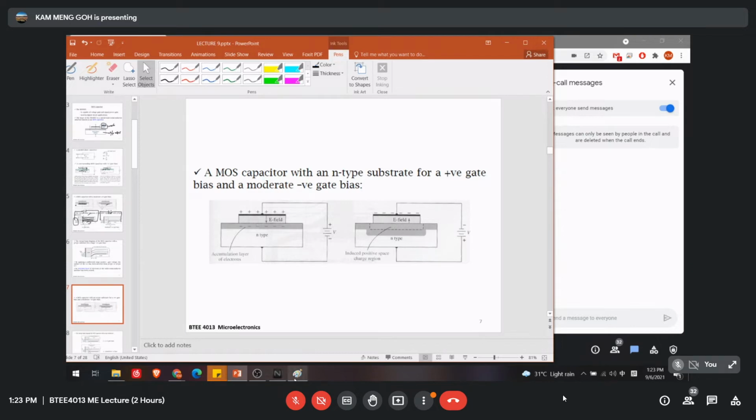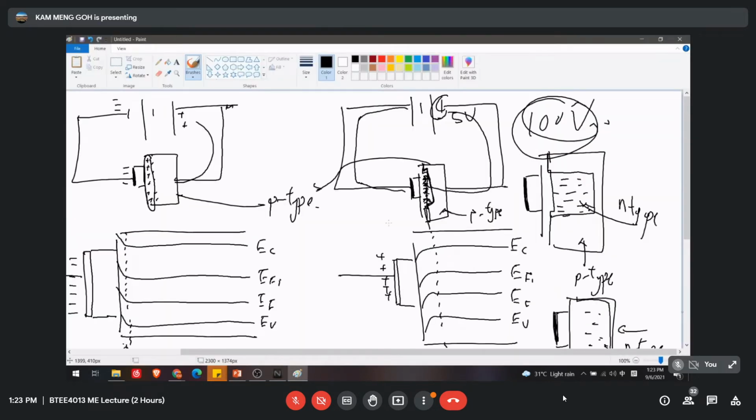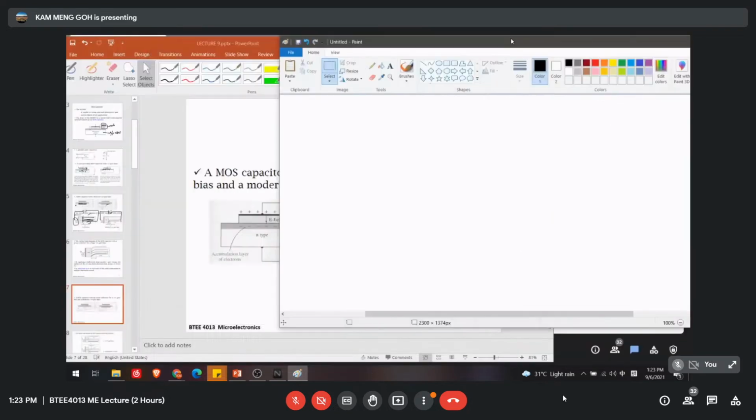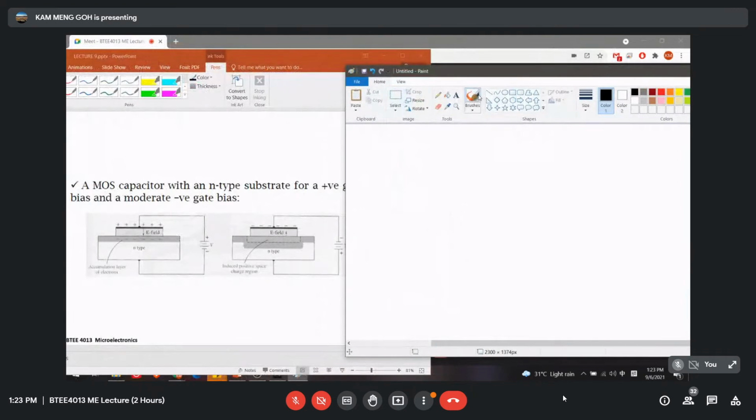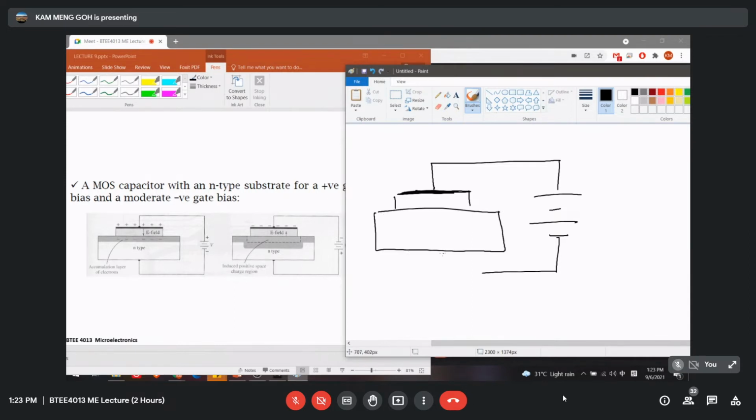Okay, so we're also doing the same thing with the n-type semiconductor. Just now we were dealing with the p-type. So right now it is an n-type. So metal, oxide layer, and then this one.